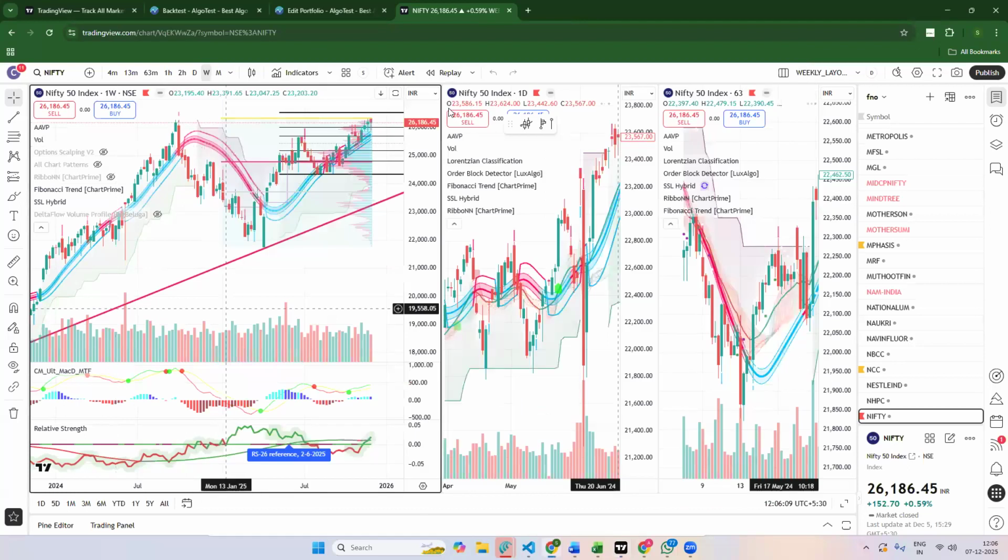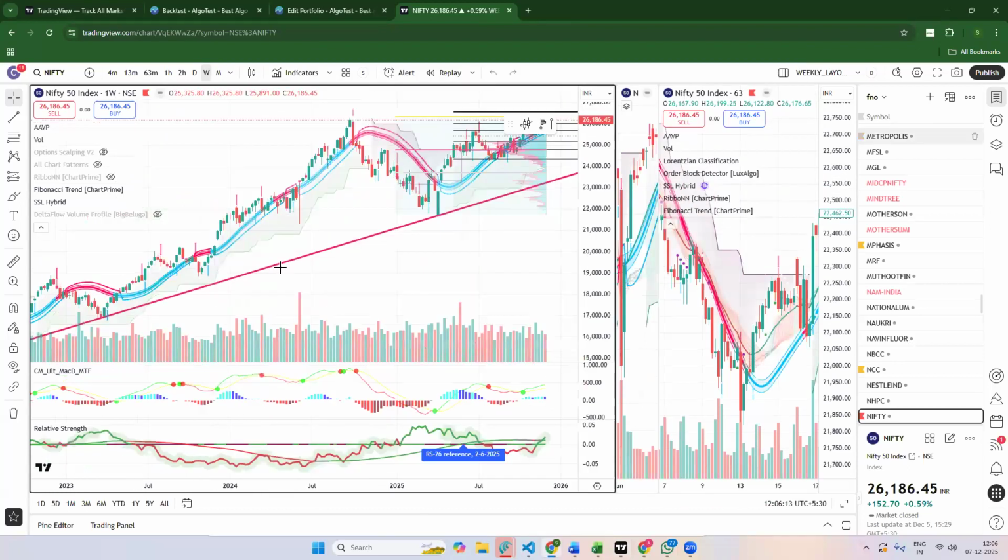So just to explain what I want to say, here is the Nifty 50 chart.